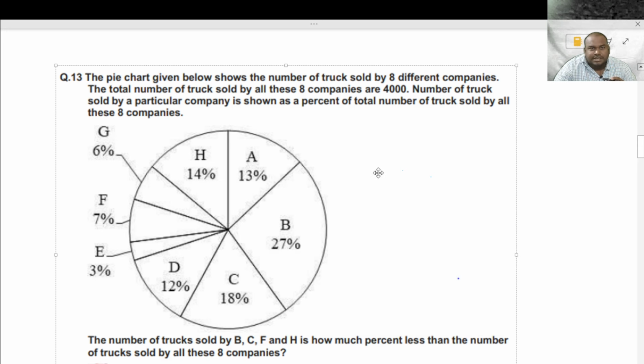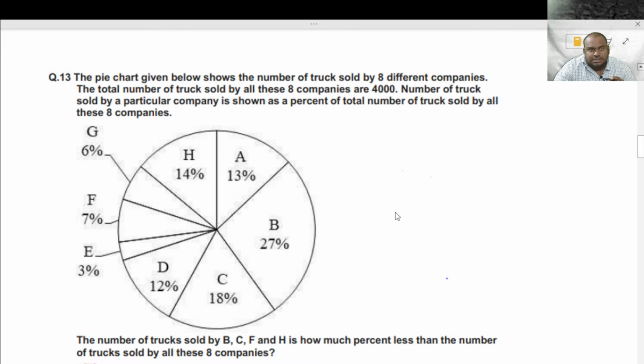The 13th question. The pie chart given below shows the number of trucks sold by 8 different companies.